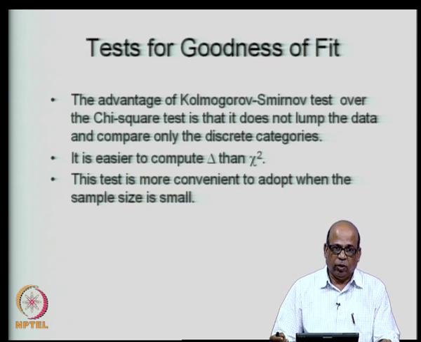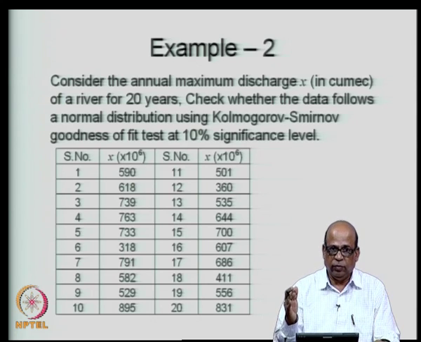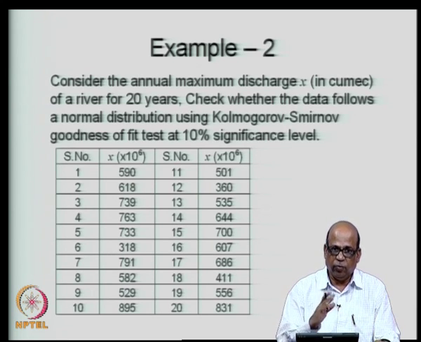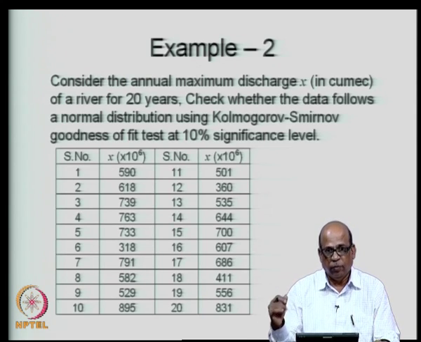What I mean by that is, if your Kolmogorov-Smirnov test passes and the chi-square test fails, you may go with the Kolmogorov-Smirnov test result, and vice versa. Let us say the chi-square test passes, but the Kolmogorov-Smirnov fails, in which case you should respect the Kolmogorov-Smirnov test more.